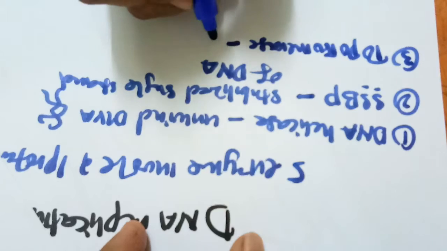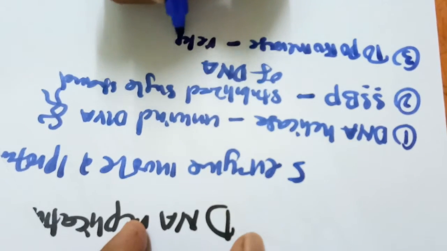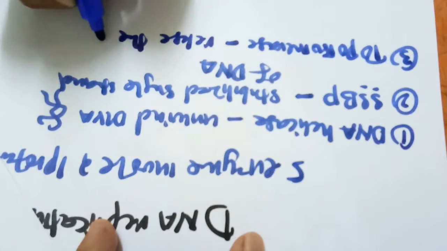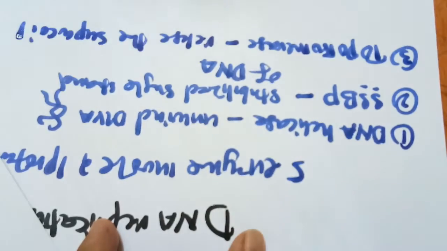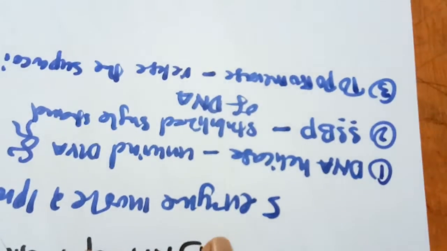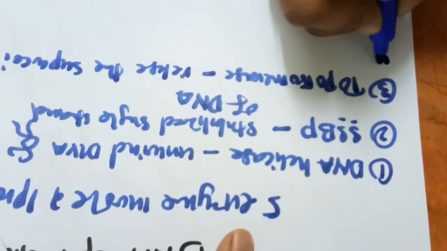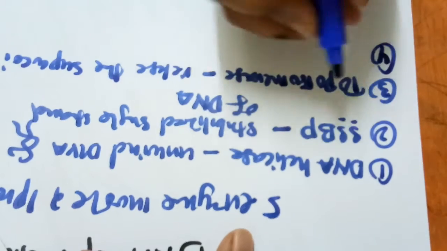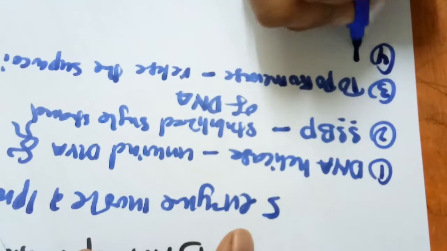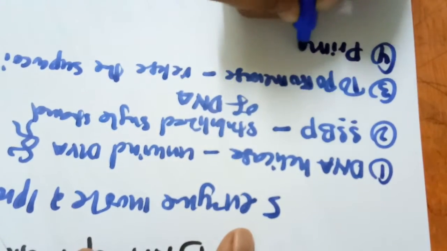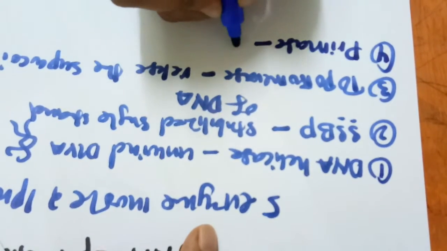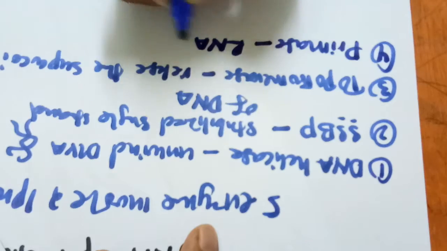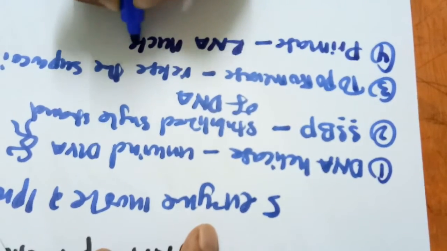The function is to release the tensions or supercoil. Kita list down dulu the enzymes and the functions. And the number 4 is primase, to catalyze the addition of RNA nucleotide.